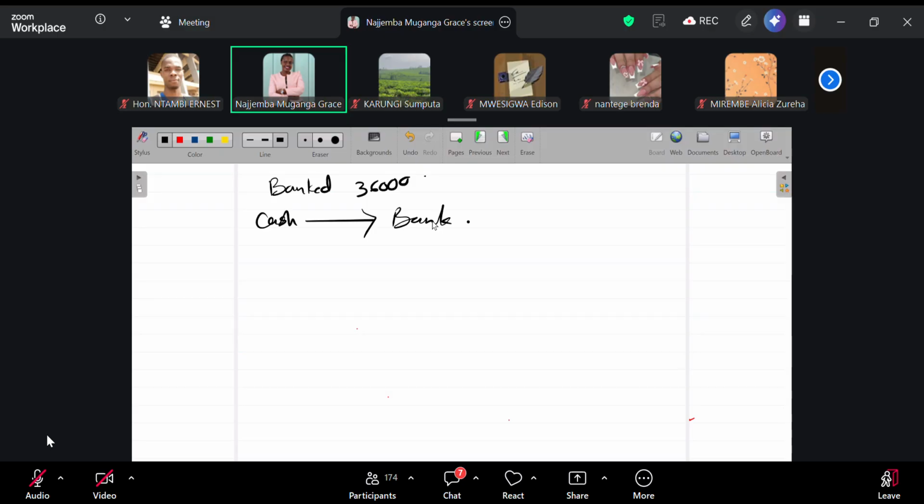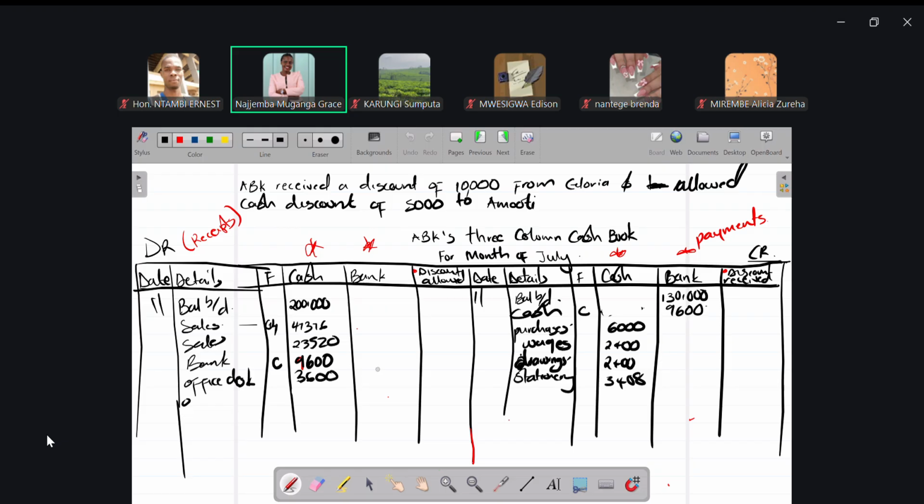Two accounts are affected, cash and the bank columns. So bank received from cash, we move to the debit side. Under bank column, we are receiving 36,000 from cash. Contra. Then you move to the credit side and show that cash gave 36,000 to the bank.